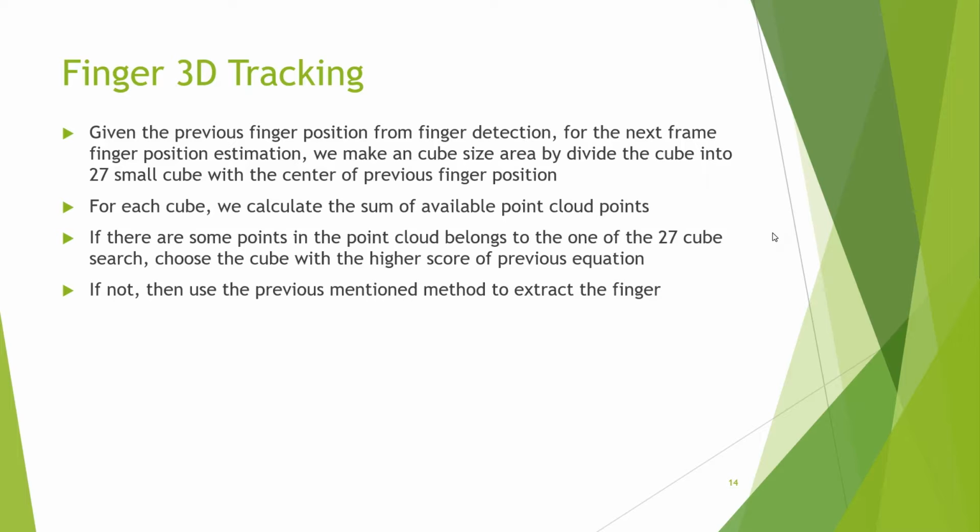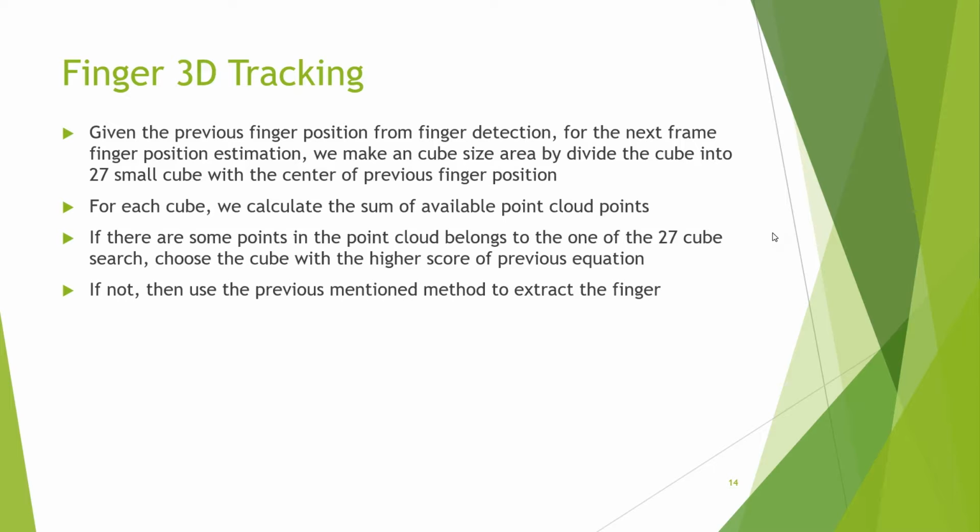For each cube we calculate the sum of available point cloud points, and if some points in the point cloud belong to one of the 27 cubes, we choose the cube with the higher score, using the same previous equation to score the candidate finger. If not, we use the finger detection method to extract the finger.